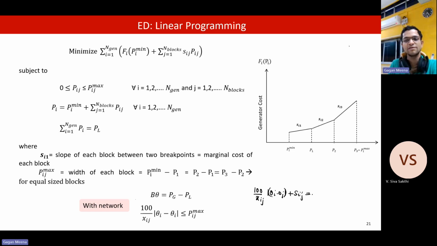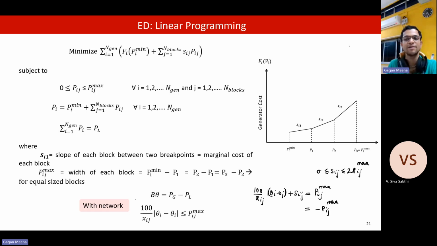Sij is equal to, and Sij should lie between 0 and 2 times Pij max. If Sij is 2 times Pij max, then this becomes 100 by Xij, theta i minus theta j, is equal to minus Pij max.